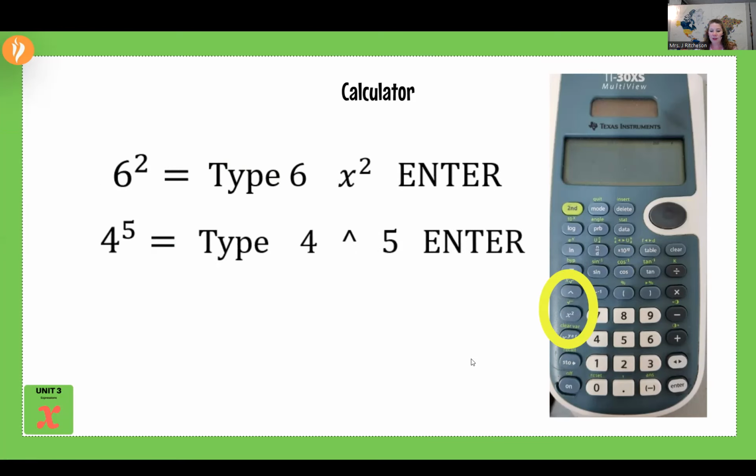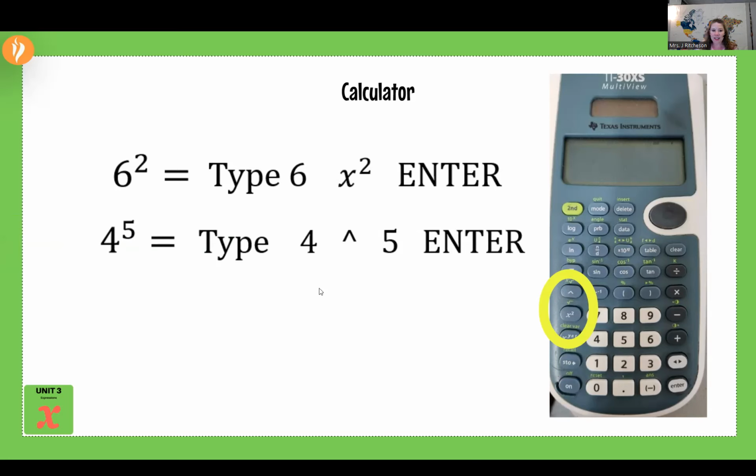Now, if you have an exponent other than a 2, so for example, this one says 4 raised to the 5th power, you're going to use this button right here on this calculator. It's above the x squared button. This is actually called a caret button. And on your keyboard, it's right above the number 6. If you hit the shift key, you can type the caret button.